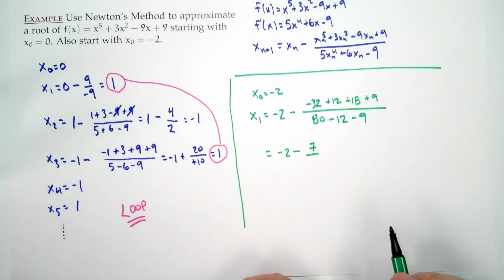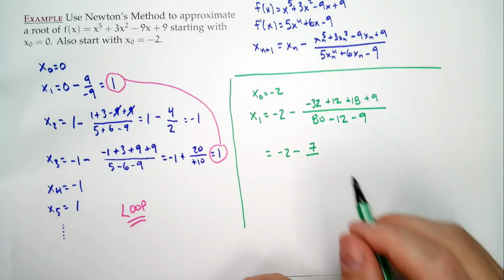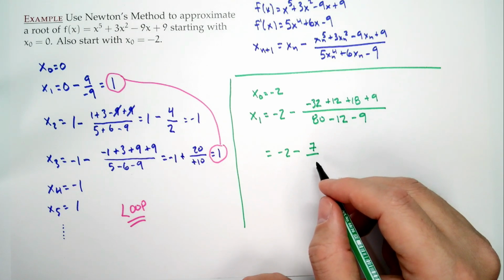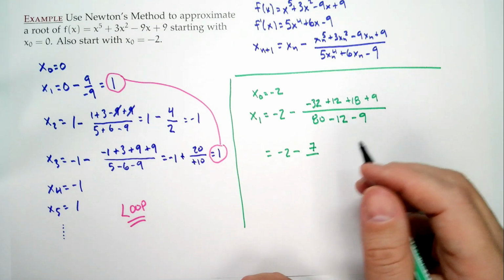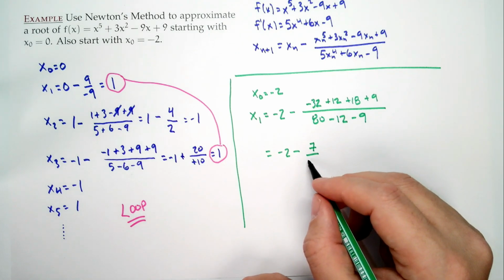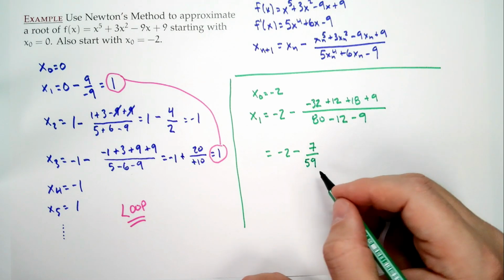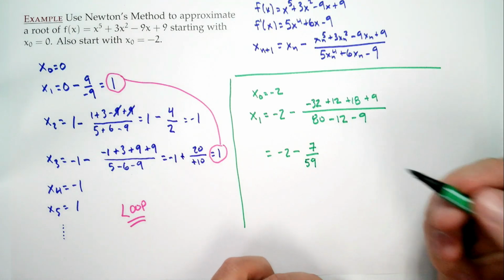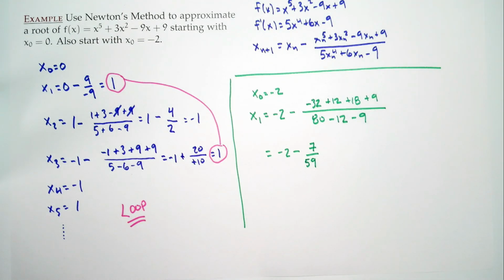That's 80 minus 21, which is 59. Okay. Well, we're not going any further for sure.